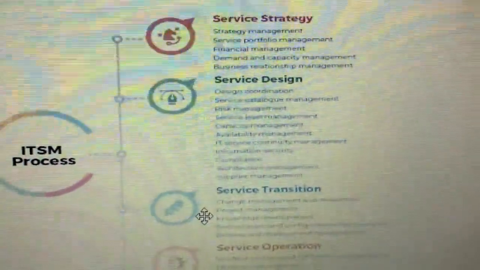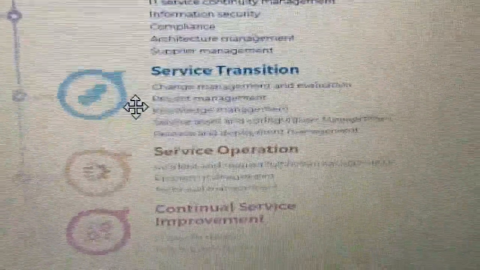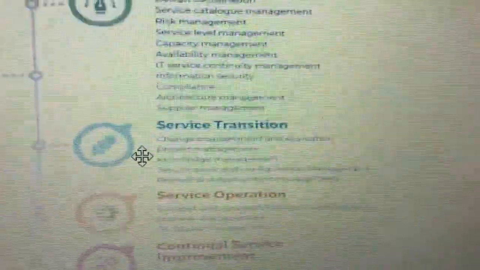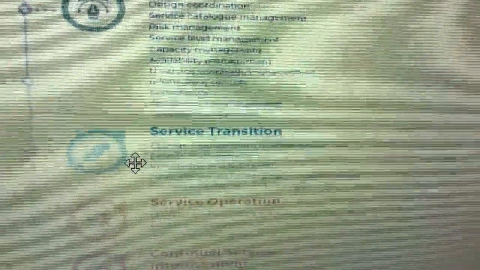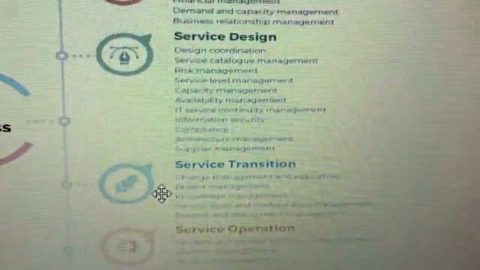The third phase of the process is service transition. Once the design for IT service has been finalized, the next step is to build and test them to ensure that the designs do not disrupt anything in any way.